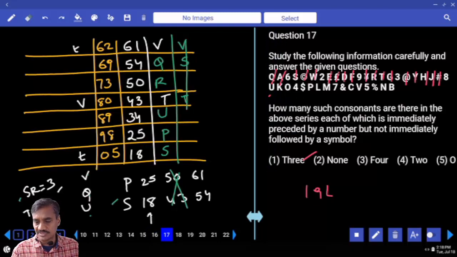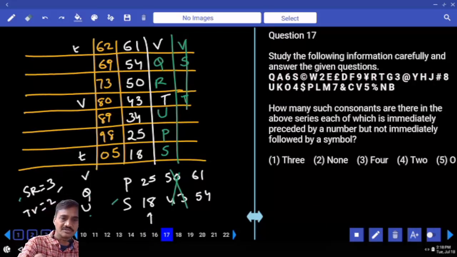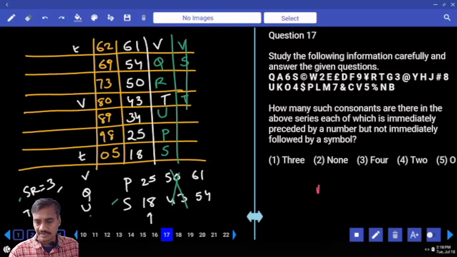Now in this question number 17, how many such consonants are there? Now the question is about a consonant each of which is immediately preceded by a number but not followed by a symbol. Hence number and a consonant must be there together.